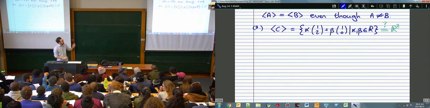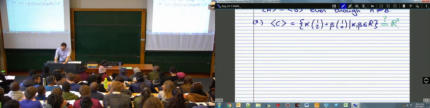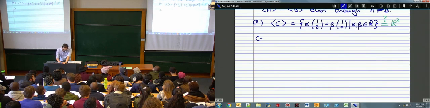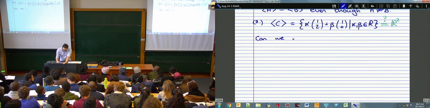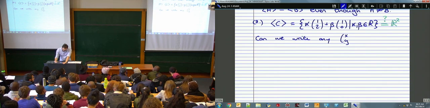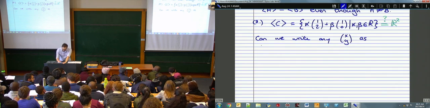And so we would write down something like this. We want to know if we can reach an arbitrary vector xy. So we want to know if we can write down any vector xy in the following way.